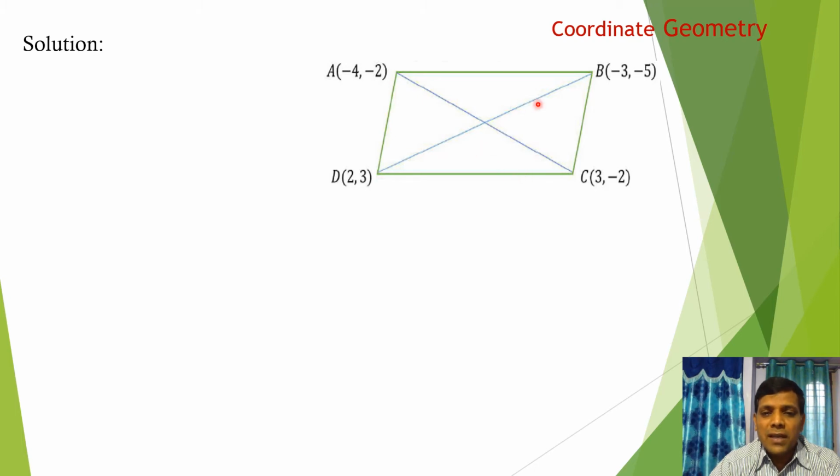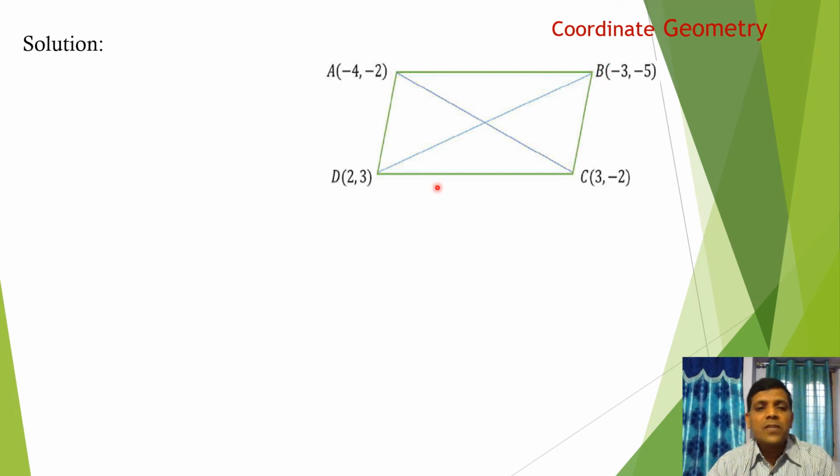So area of triangle ABC plus area of triangle ADC equals the area of quadrilateral ABCD. Are you clear? So first of all, draw the diagonal and find triangle ABC and triangle ADC. If you draw the diagonal BD, you have to find the areas of triangle ABD and triangle BCD. The total area equals the quadrilateral ABCD.